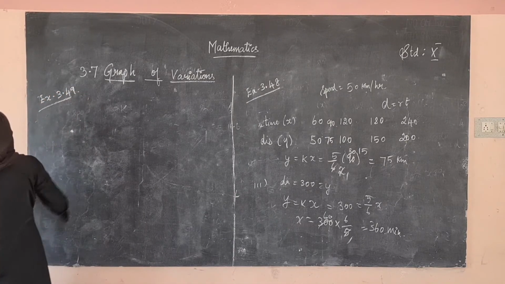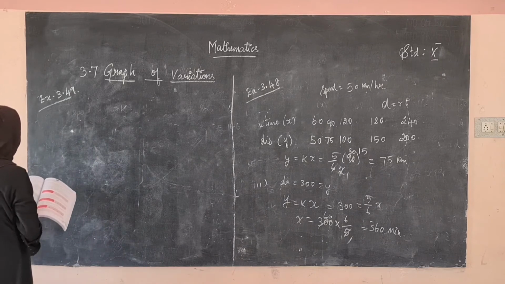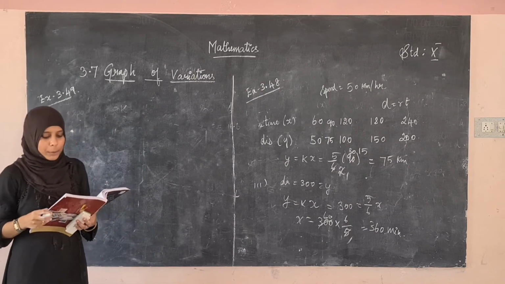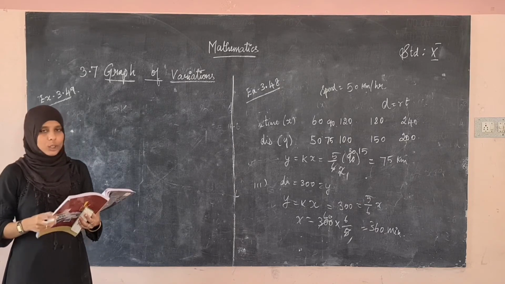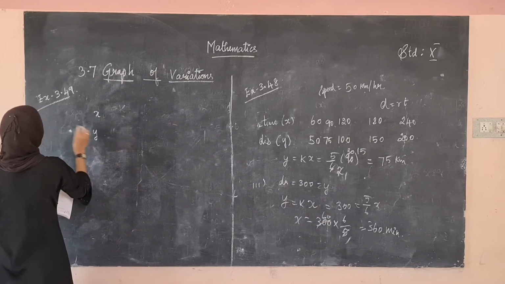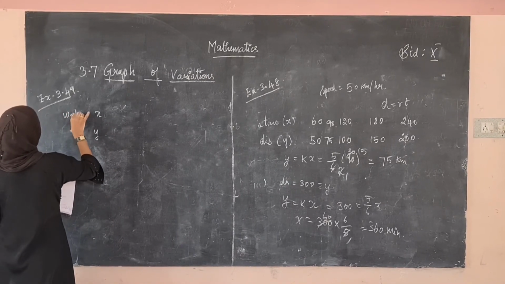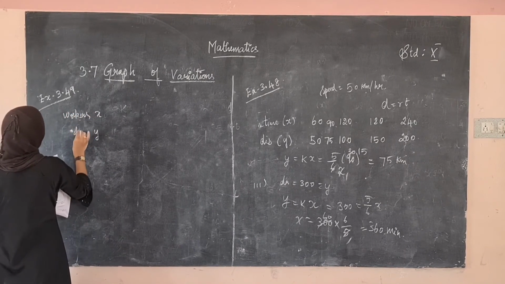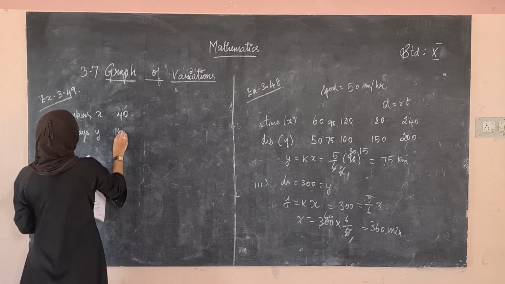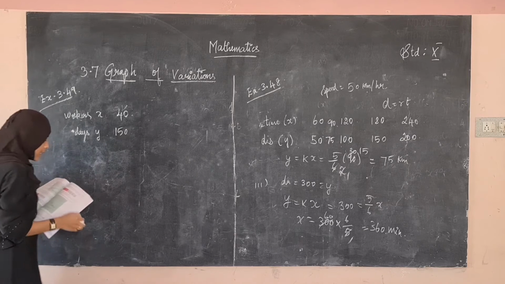3.49. Okay, 3.49. A company initially started with 40 workers to complete the work in 150 days. So the first thing is, it initially started, okay, x, y, this is number of workers, and this is number of days. Okay, it started with 40 workers to finish the work in 150 days.